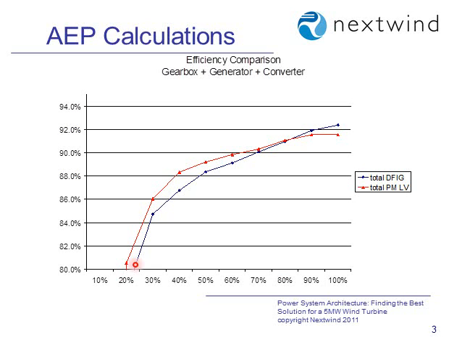So the blue line here is the doubly fed, and you see at full power, so this is percentage of rated power down here. At full power, the doubly fed has a higher efficiency, but at partial power, the permanent magnet has a higher efficiency. And again, this is the gearbox plus the generator plus the converter plus the efficiency, the performance curves of the rotor.